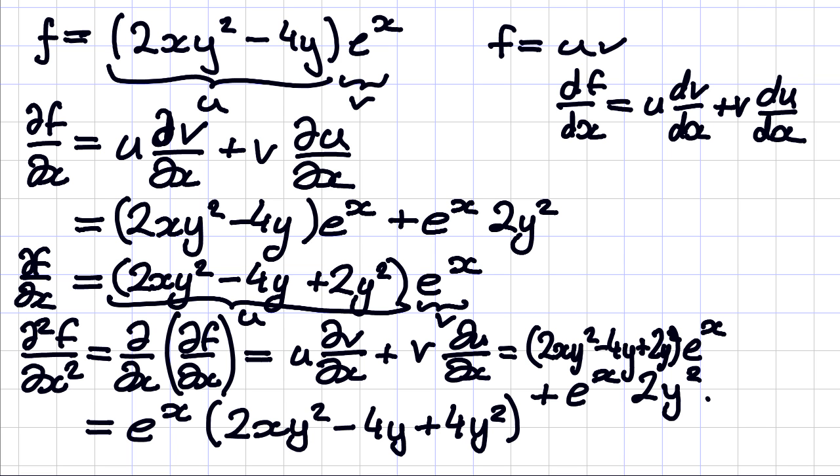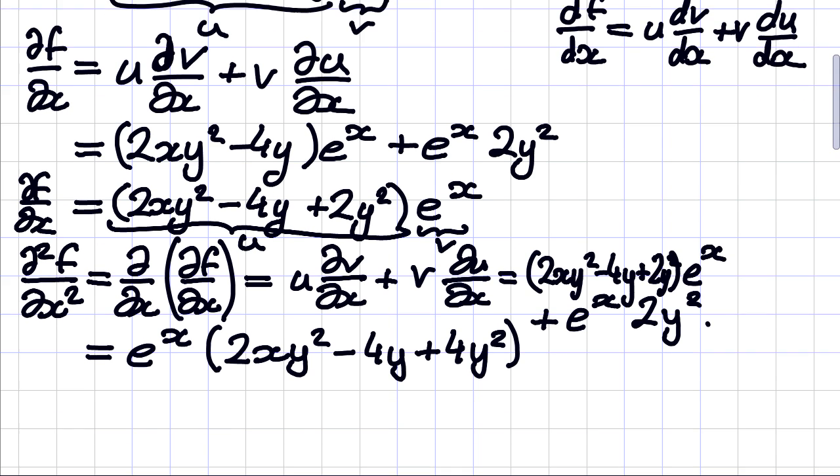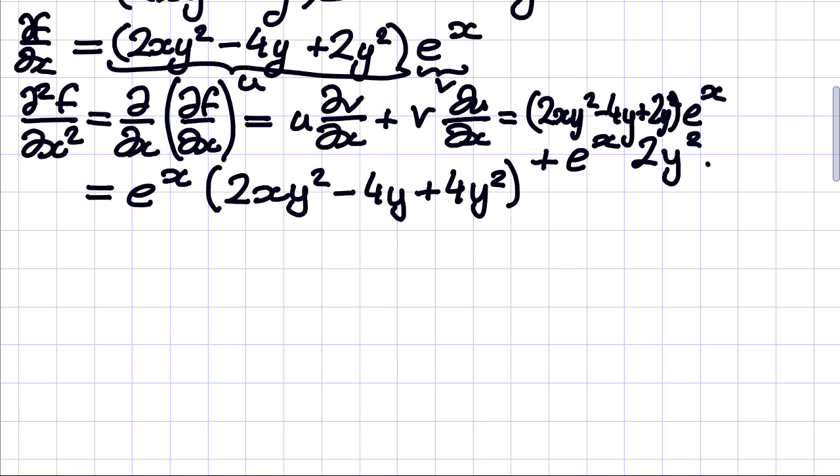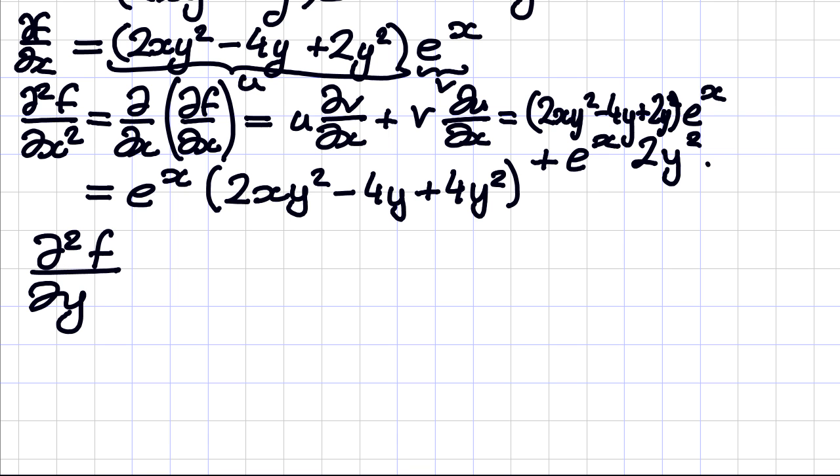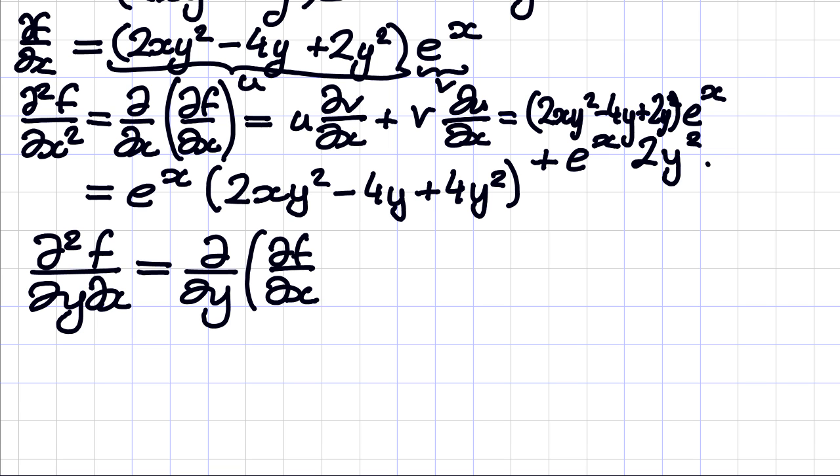So that's me done for d2f dx squared, but I'm also going to calculate a second cross derivative. So I also need to calculate d2f dy dx. So that's d by dy of df dx.